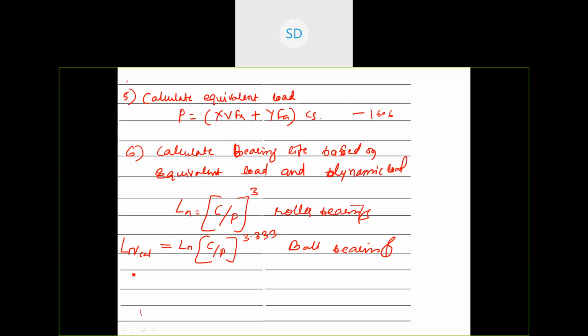Now, based on the given data, we have the bearing life required, which I can call LNR. As you have seen in the calculations, it is going to operate 8 hours per day, 7 days per week, at a speed of 800 rpm, for 8 years.